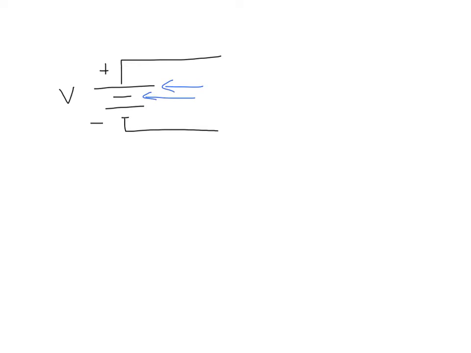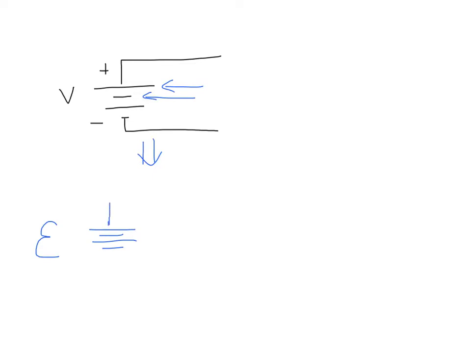So what we can do then is rewrite this battery as one that consists of an ideal battery that I'll draw right here. The ideal battery is often written with a script E, and the E stands for electromotive force, but you can just think of it as being an ideal battery.